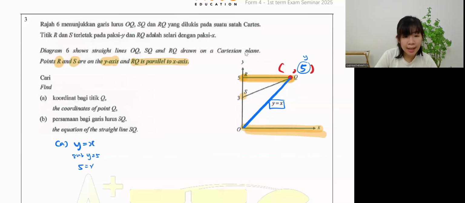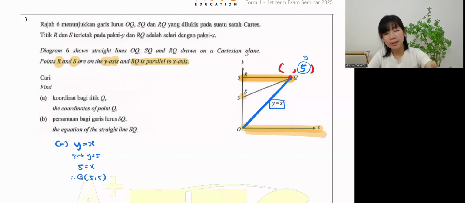So x is 5, and the coordinate of Q is (5, 5). Actually, this question, no need to do the steps also can, because y equals x means whatever y is, x will be the same. So y equals 5, x is also 5. This one in the exam will be given 1 mark only.